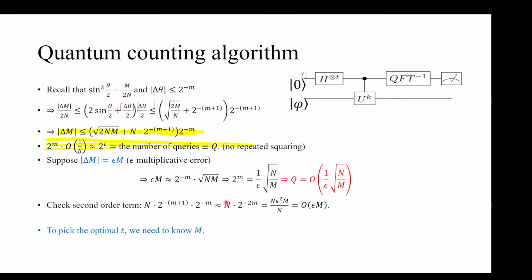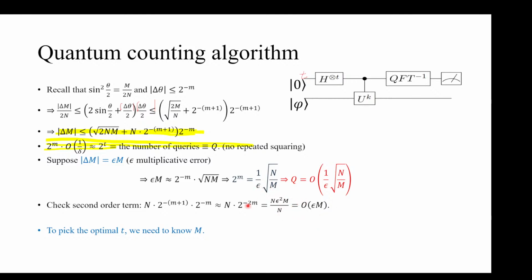So if we skip all the constant factors, that's n times 2 to the minus 2n, and so that's n times this inverted squared, so that's epsilon squared m over n.